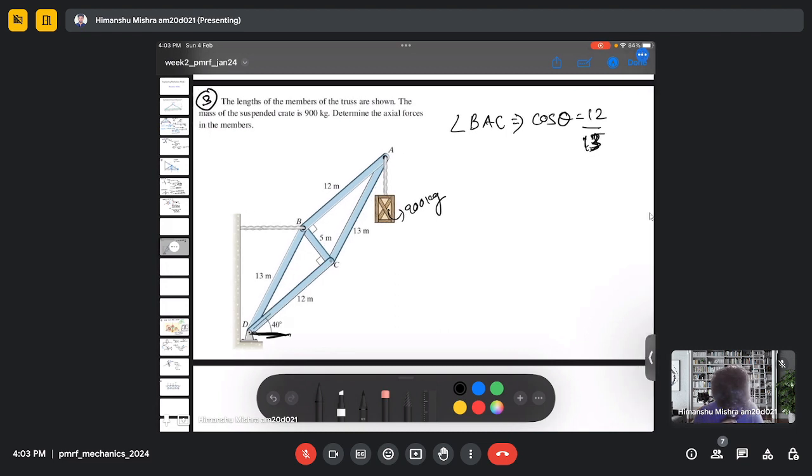So here we will have theta, which is 22.6. So this is my 22.6 degrees.